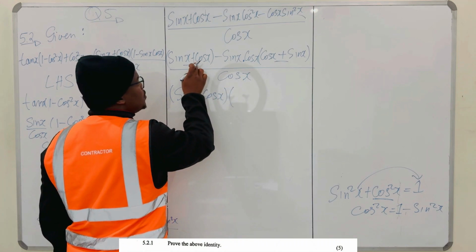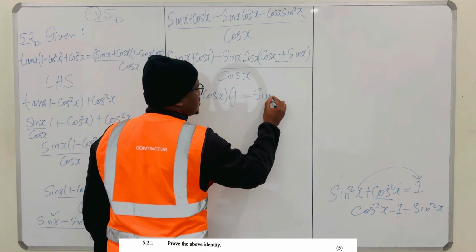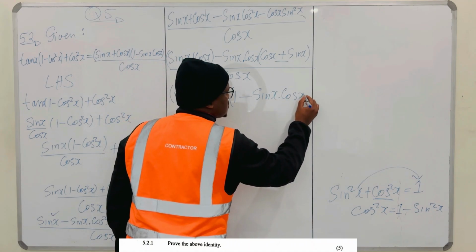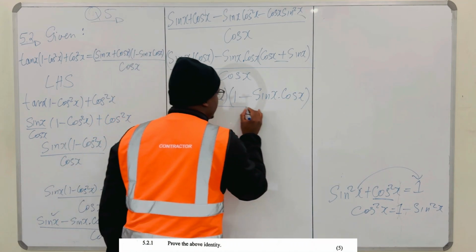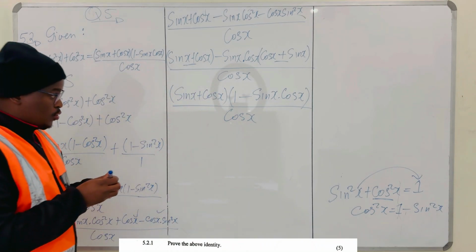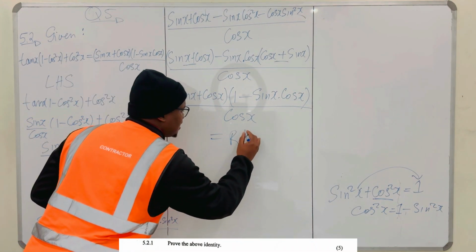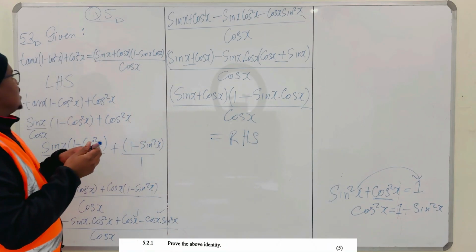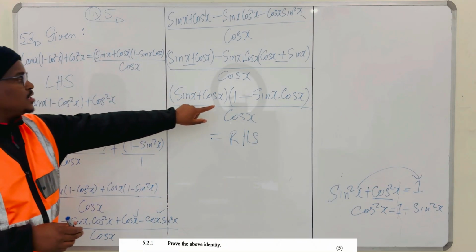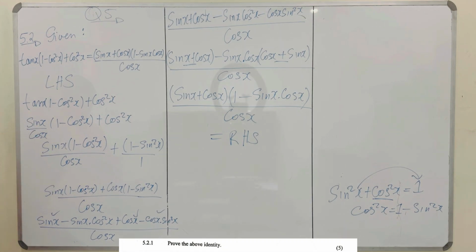Then if you take it out, you're left with 1 here, minus just this, sine x times cos x, all divided by cos x. So this is equal to the right hand side, because the right hand side was this. So this is equal to that, and we're done here.